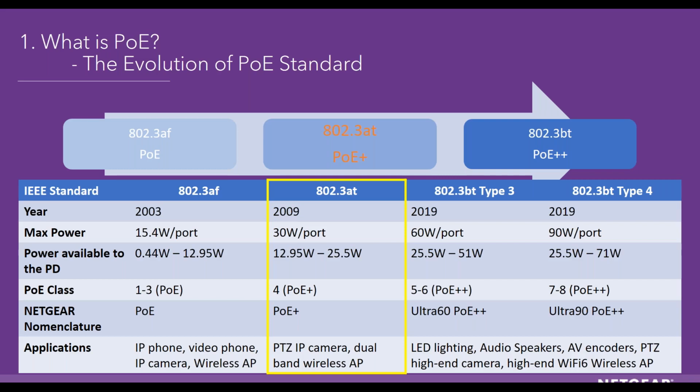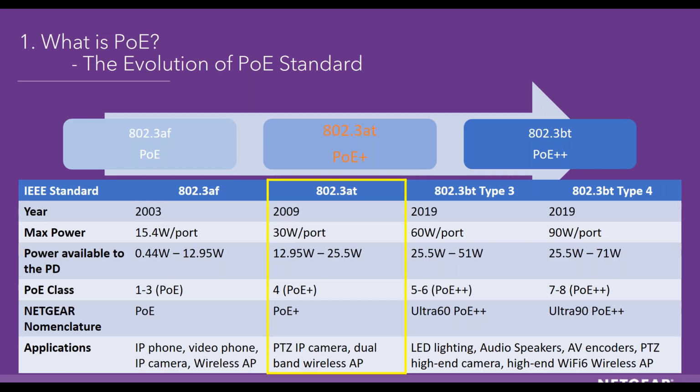The commonly used PoE types are the first four classes, which are PoE and PoE Plus. They cover power supply levels from 4 watts to 30 watts, which can provide the powered devices up to 25.5 watts, the maximum power output of the PoE Plus standard.